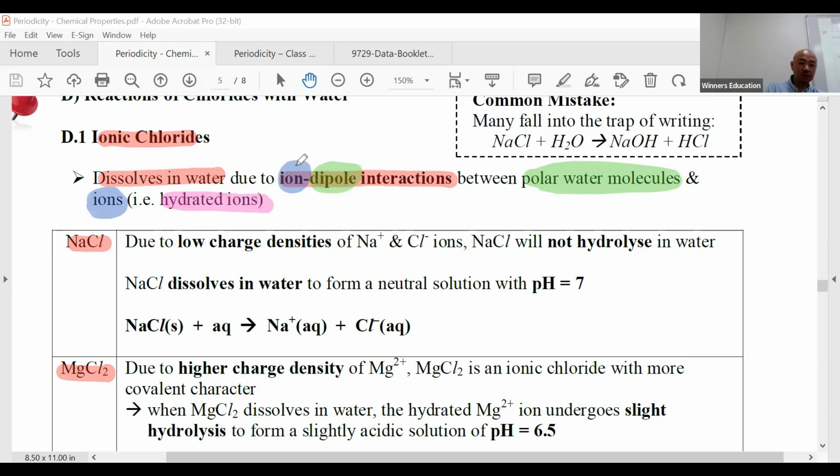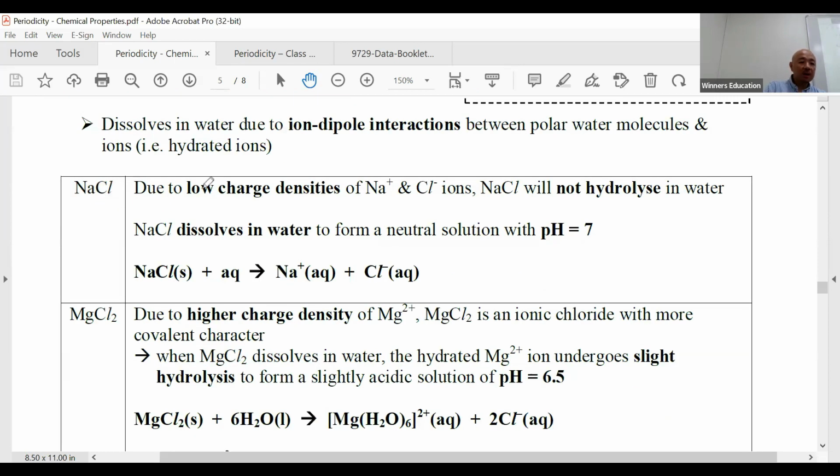So take a look at sodium chloride. First few marks: sodium and chloride ions have very low charge density. So once again, what is charge density?